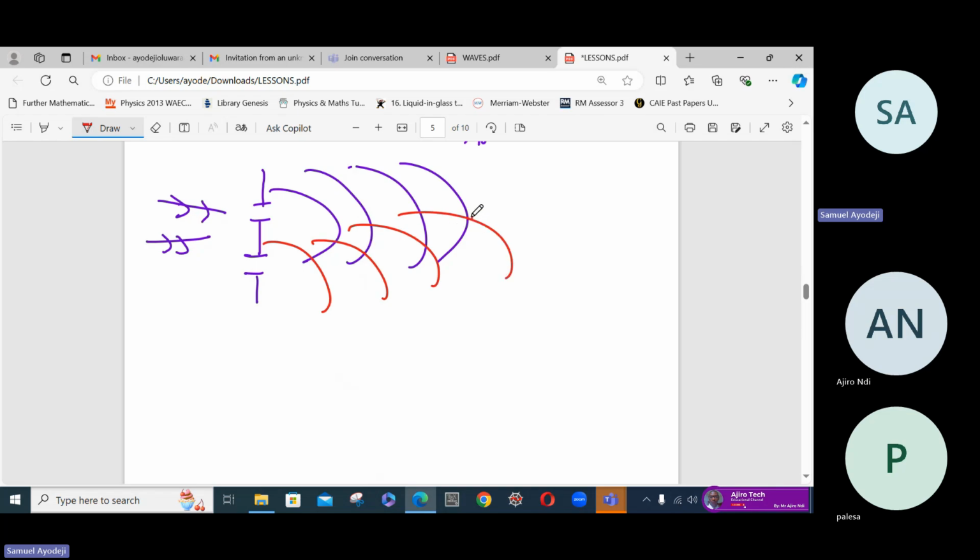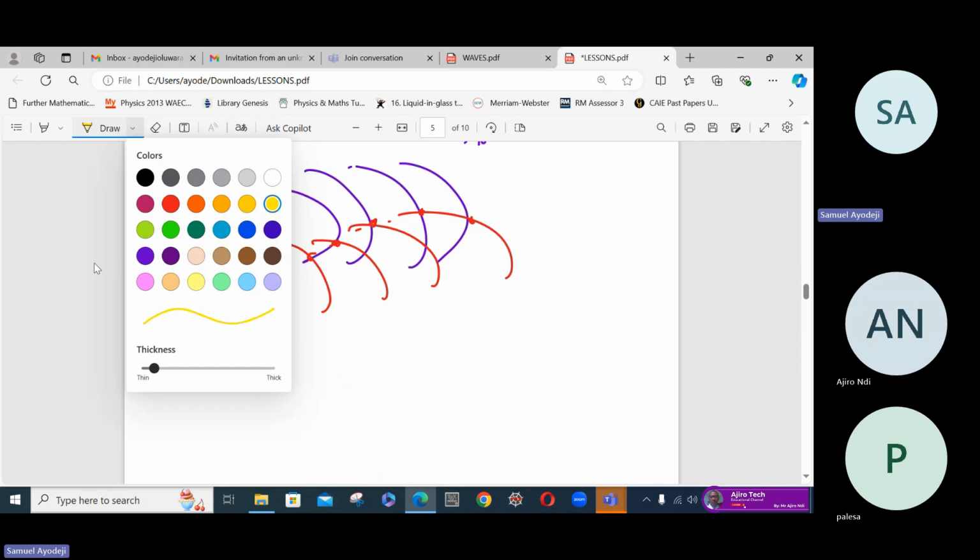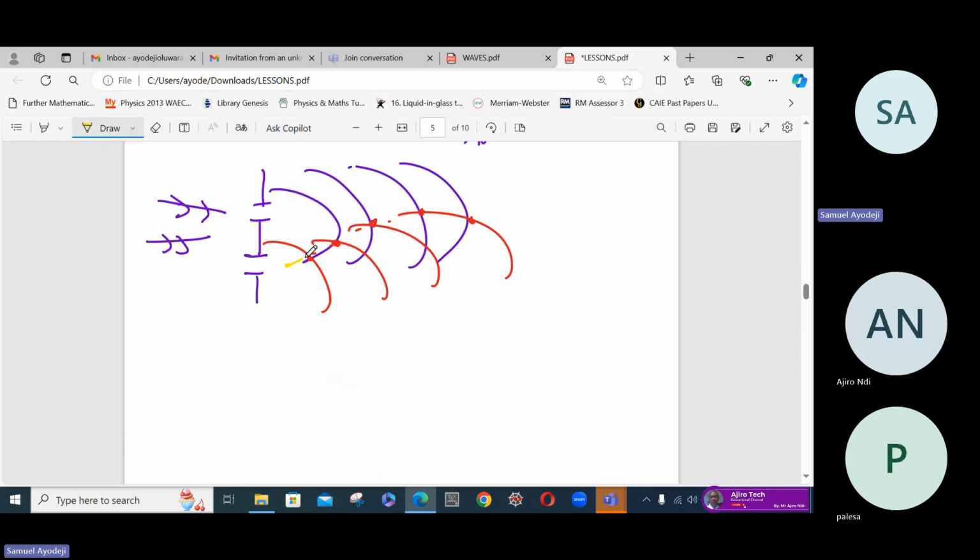Where they meet like this here, that is called constructive interference. Where they overlap, constructive interference. If you have to draw a line that represents constructive interference, this is what they ask you to do. But for destructive, where they do not meet at all, you can just draw it here.